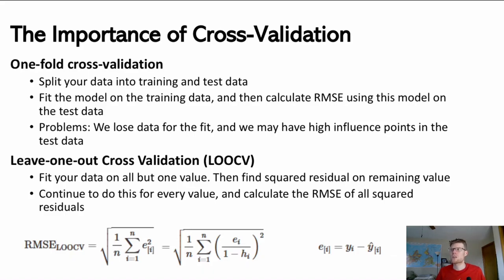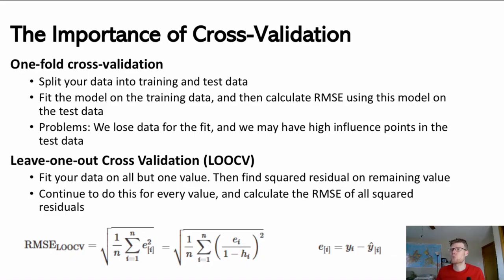I should also mention that you could do multi-fold cross-validation as well, where you take turns pulling out different percentages of the data, like maybe you have 80% training and 20% test, and you do that 5 different times, allowing each 20% sector to be the test data at least one time. That's another option.